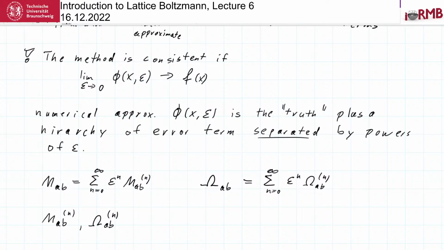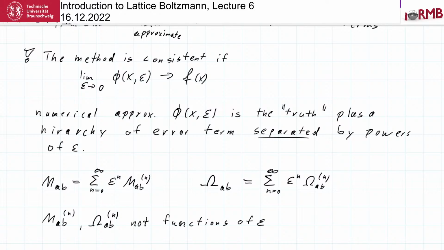All the dependence on epsilon we put in the series expansion. So they would be the same for all resolutions that we use, and just their weight would be different, depending on what epsilon we choose.